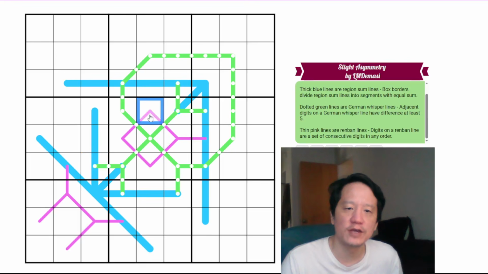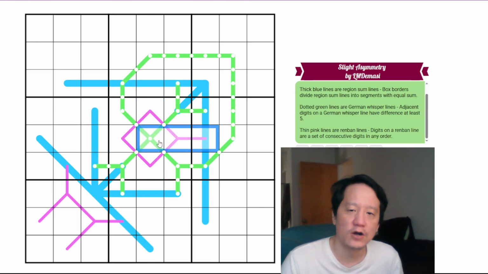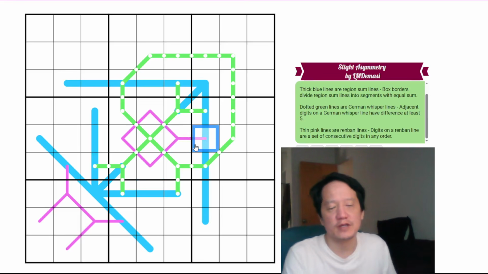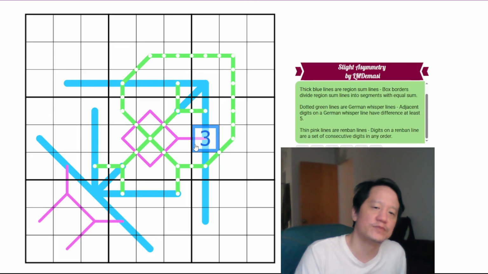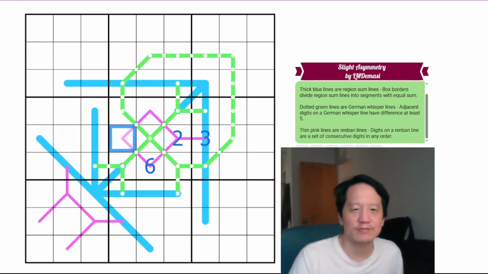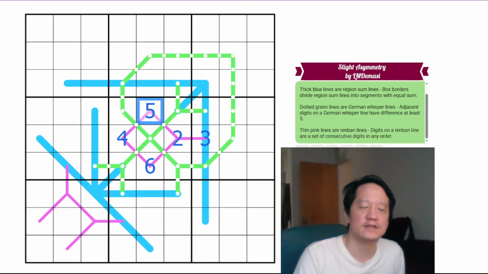And we have the thin pink lines, which are Renban lines, where digits on a Renban line are a set of consecutive digits in any order, and there are no repeats possible on a Renban line. So you could have something like 3, 2, 4, 6, and 5.